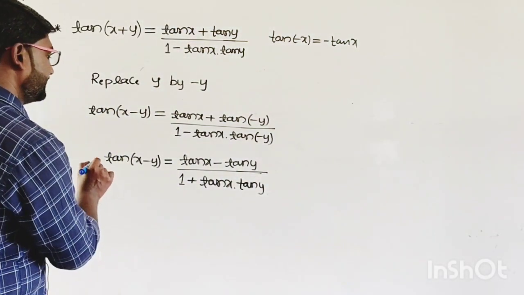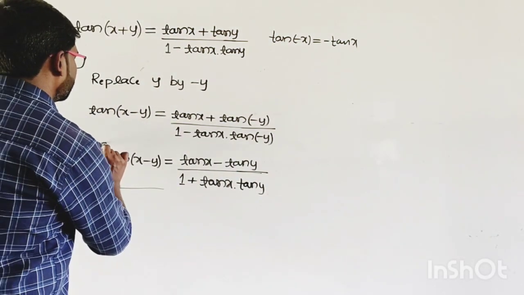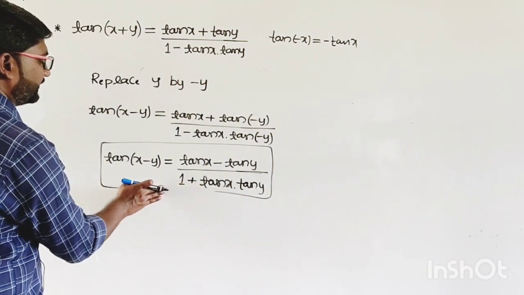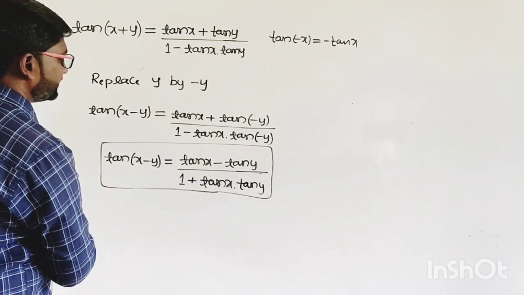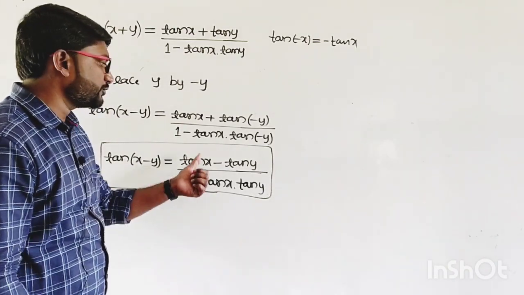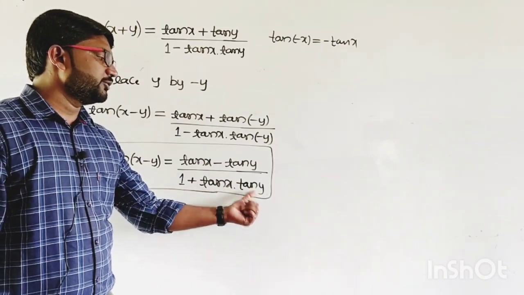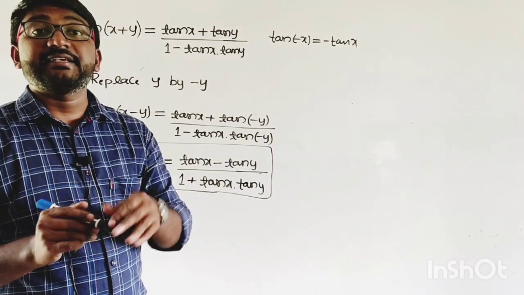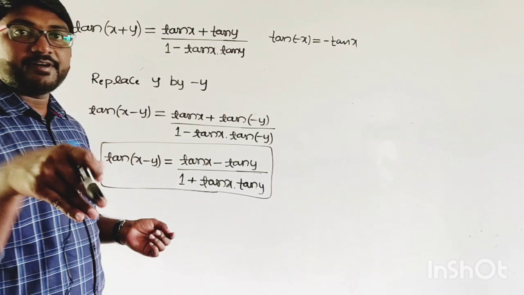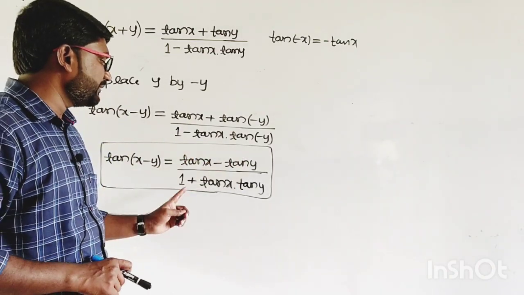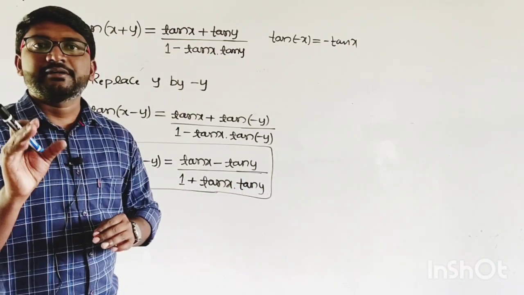So this is another standard result. Here we have the difference of two angles. Tan of x minus y is equal to tan x minus tan y divided by 1 plus tan x into tan y, or in case it is tan of alpha minus beta, it has to be tan alpha minus tan beta divided by 1 plus tan alpha into tan beta.